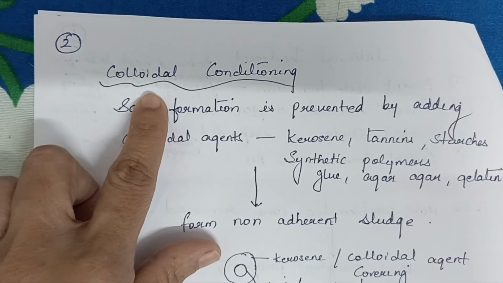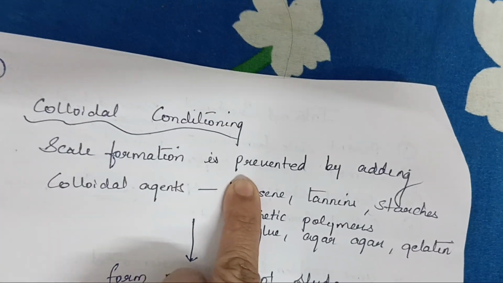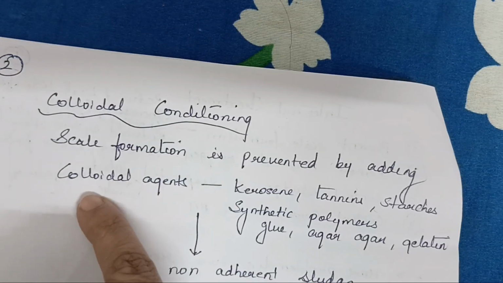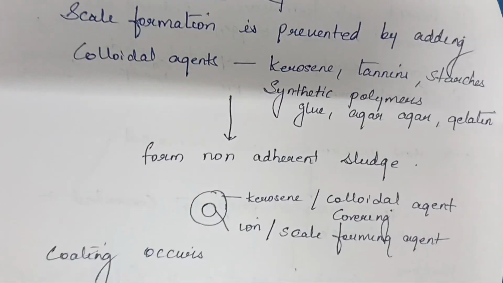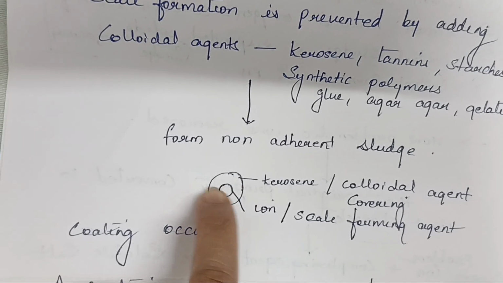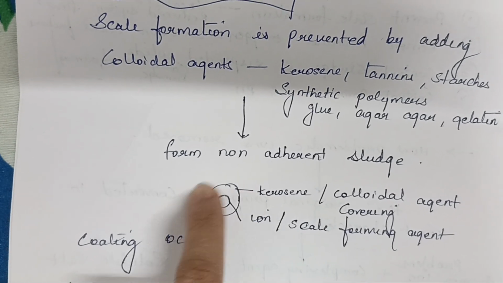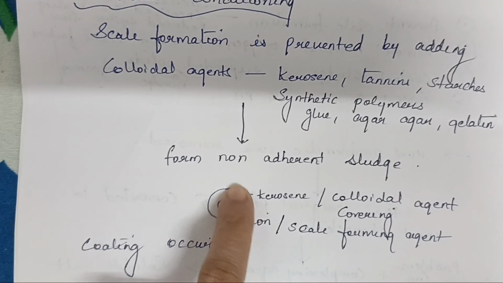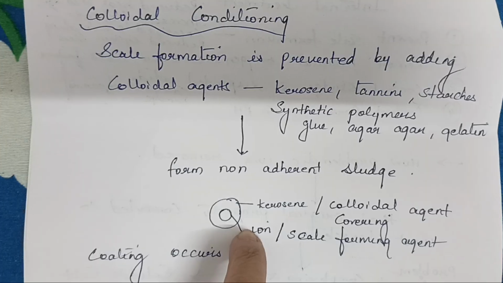The first conditioning is colloidal conditioning. Here, the scale formation is prevented by adding of the colloidal agents. Now, what happens is that, let it be that this ion is the problem causing agent. We will create a jelly-like structure over the cation or the anion so that it becomes unreactive, right?